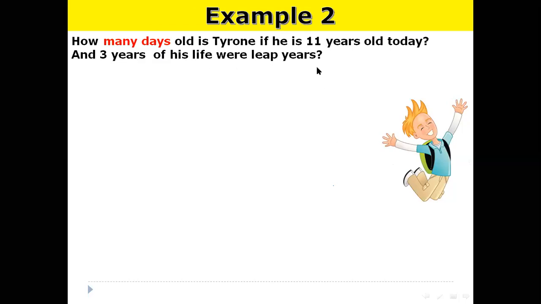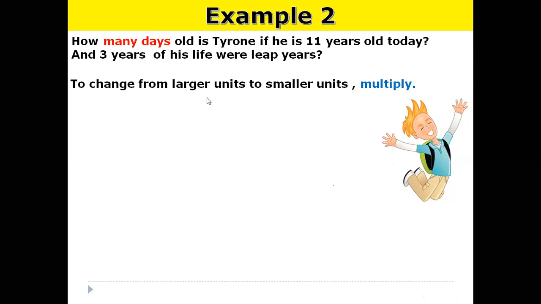And we know leap years means 366 days. So Tryon's age is 11 years. So we're changing from years to what? To days. So to change from years to days, larger to smaller, we multiply. What do you think we should multiply by?